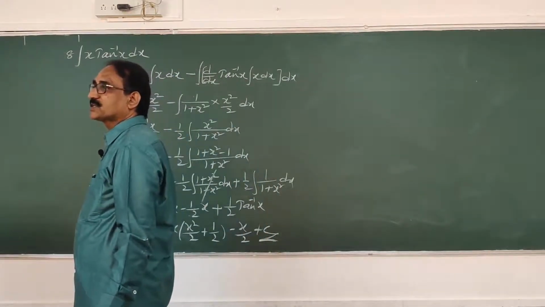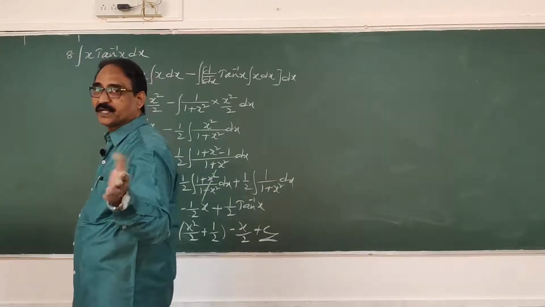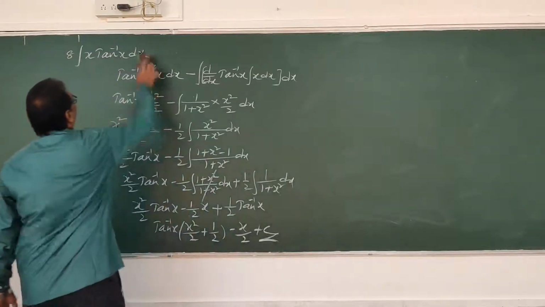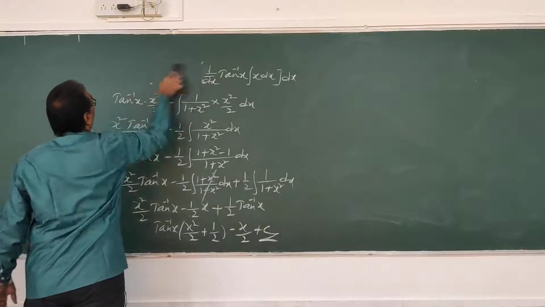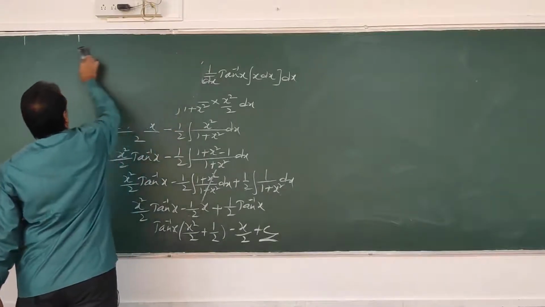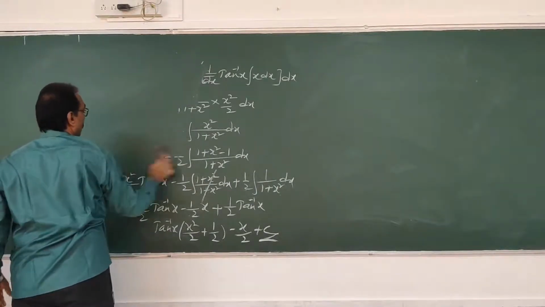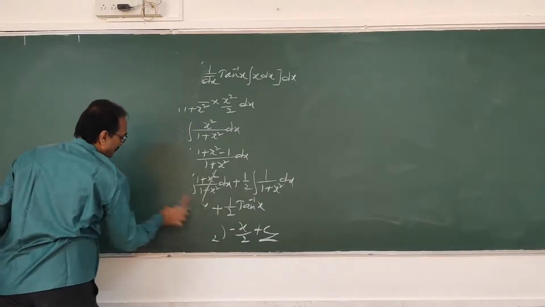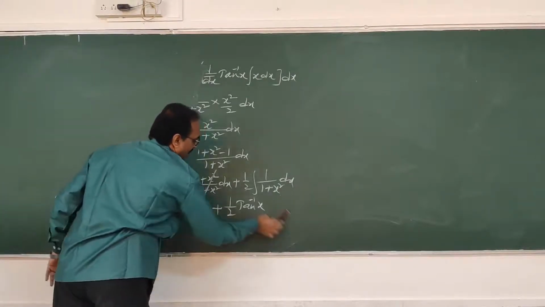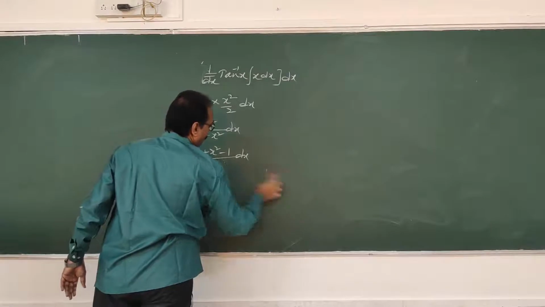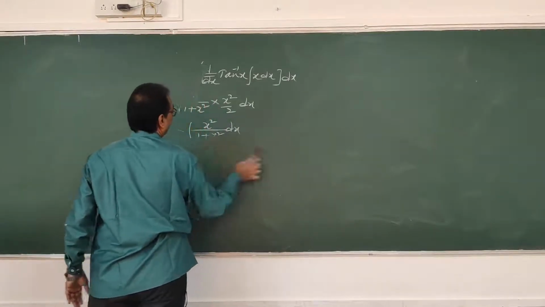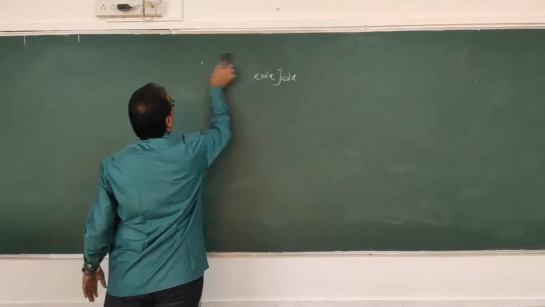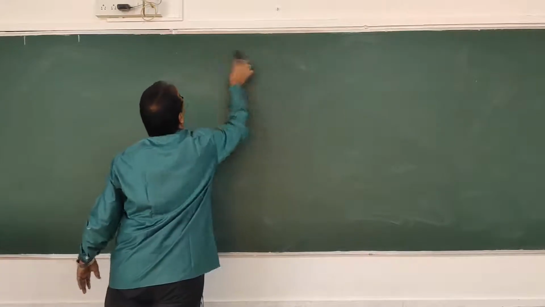The derivative of cos inverse x is minus 1 by root of 1 minus x square. That is the only difference. So you try that. Put x equals sin theta. Whatever you did there, you will do the same. Repetition only. So x cos inverse x also, please do as homework.